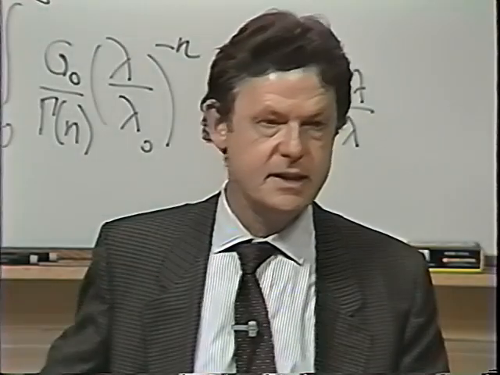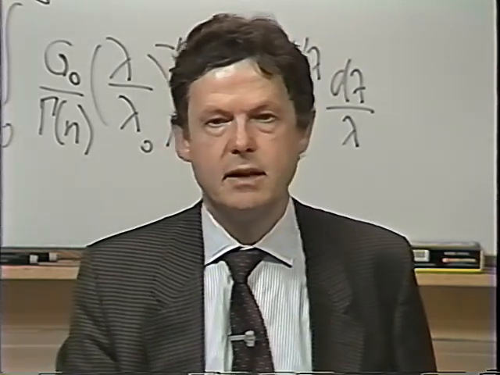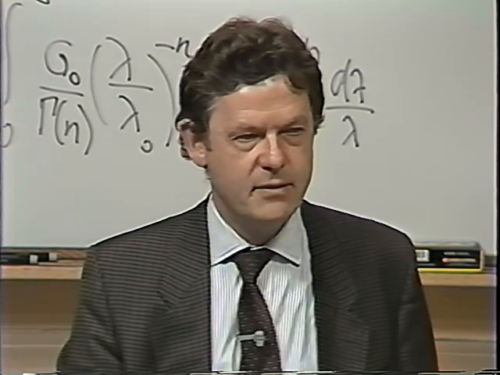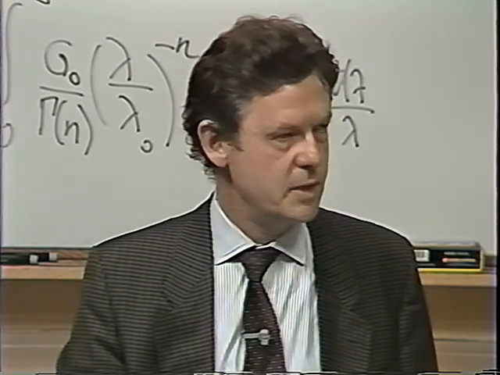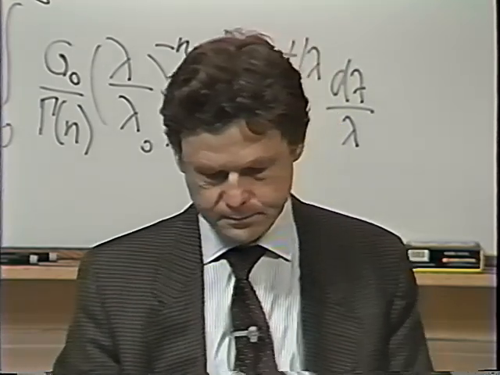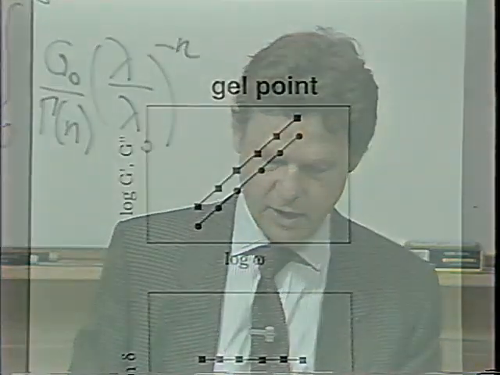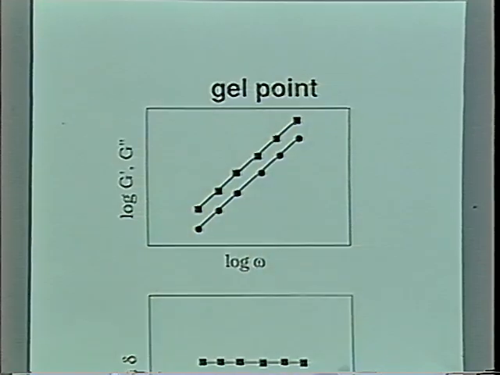In all cases, we will make gels. We will explore the gelation behavior by making a gel, putting it in the rheometer, and measuring its relaxation behavior. The fingerprint at the gel point will be the following. We will have G prime and G double prime following a power law.